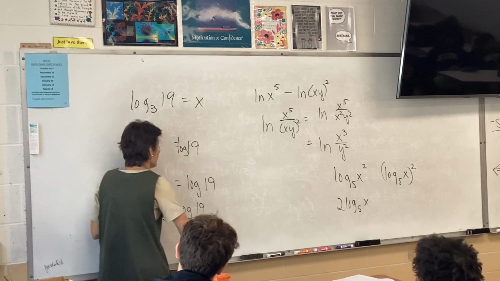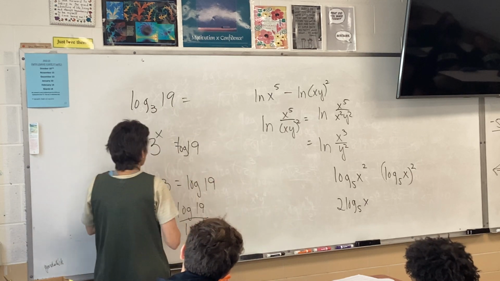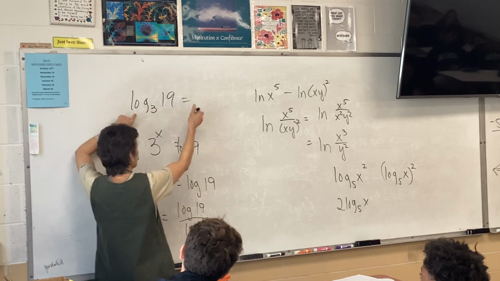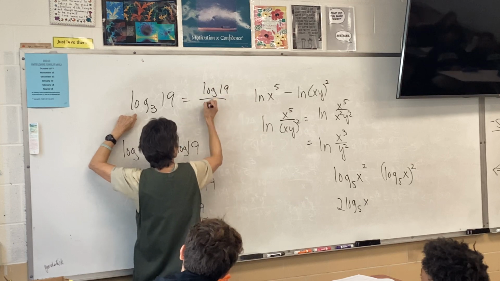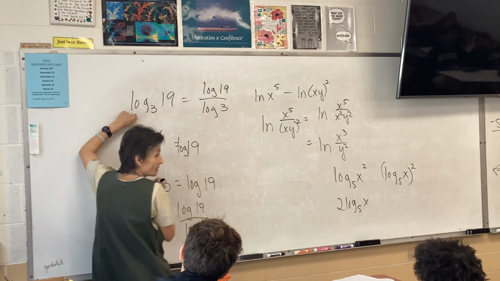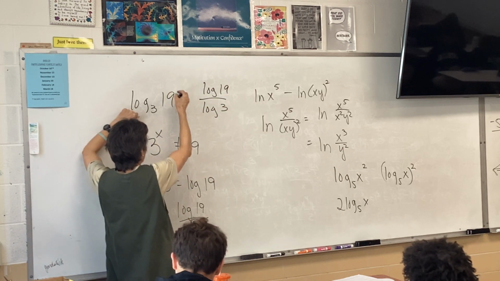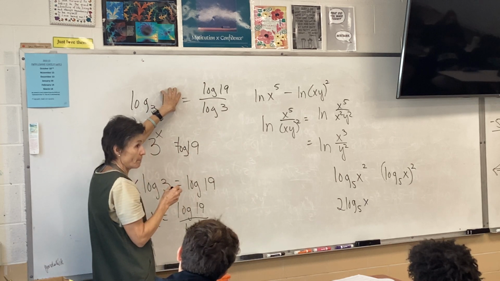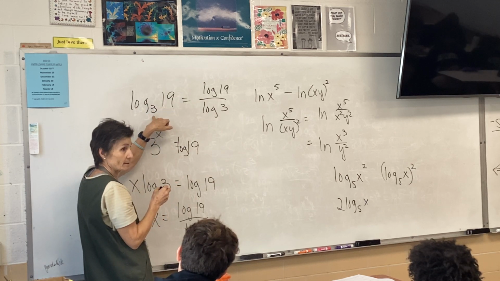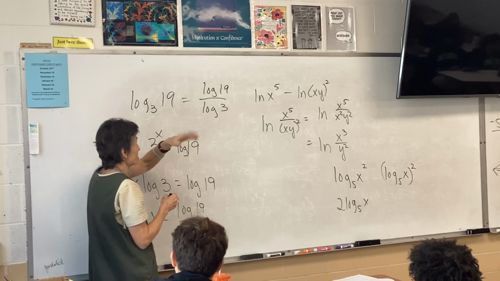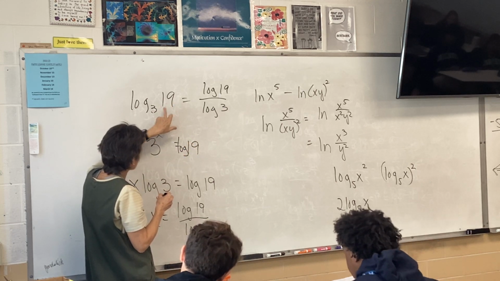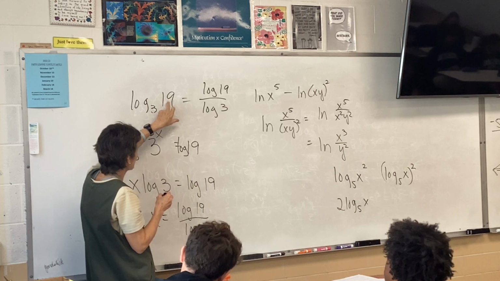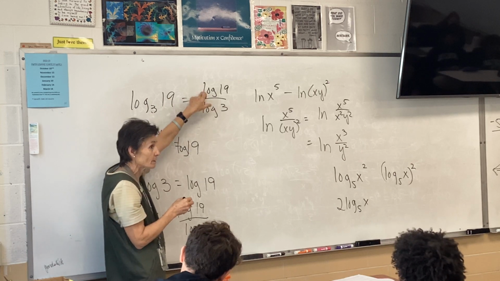So basically what we figured out is that if I need that number on my calculator, all I have to do is divide the log of 19 by the log of 3. So the log of the big number divided by the log of the little number. This one goes on top, this one goes on the bottom, log 19 over log 3.